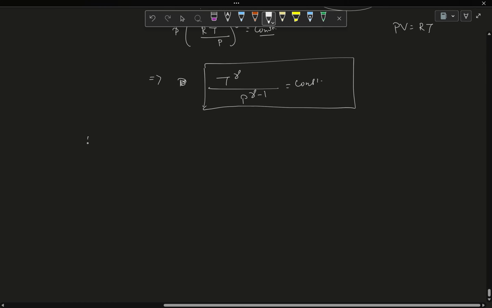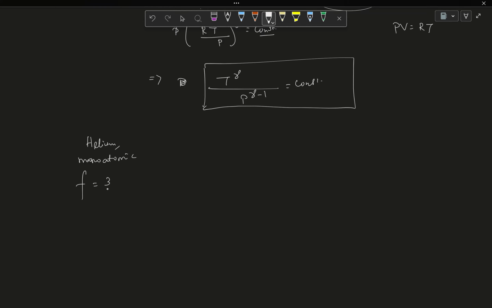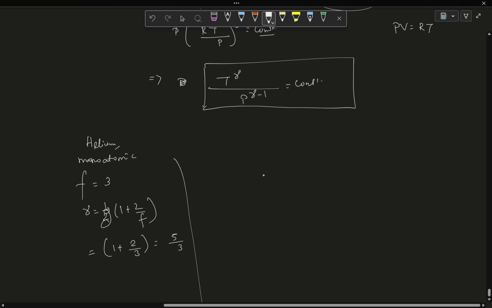Now because helium is monoatomic, and we have multiple times solved for the monoatomic case, the degree of freedom is 3, and so gamma equal to 1 plus 2 by F. So gamma for the monoatomic case is 1 plus 2 by 3, which is 5 by 3. So that is for helium.